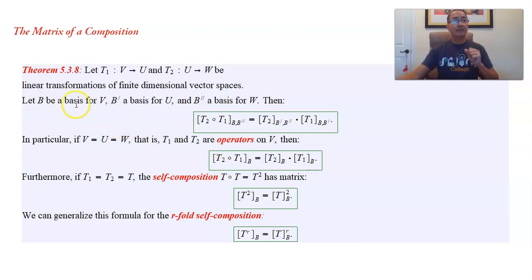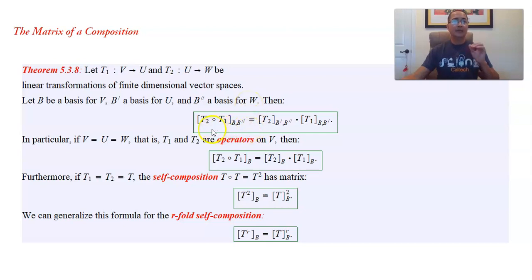We use the basis B for the domain V, a basis B prime for the codomain U, which we also use for the U in the domain for T2. Use the same basis, otherwise it's not compatible. And then we need a basis B double prime for W.